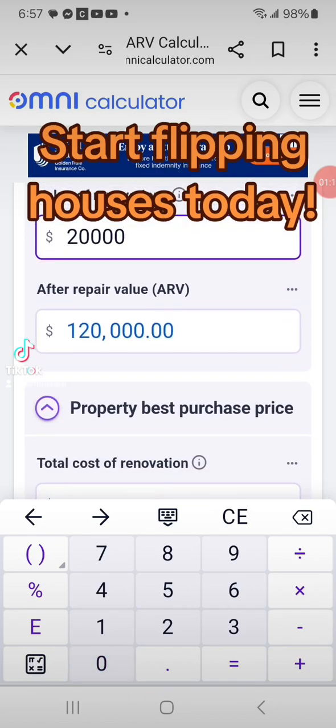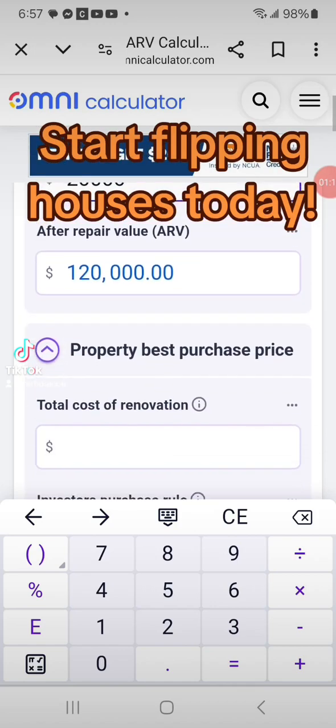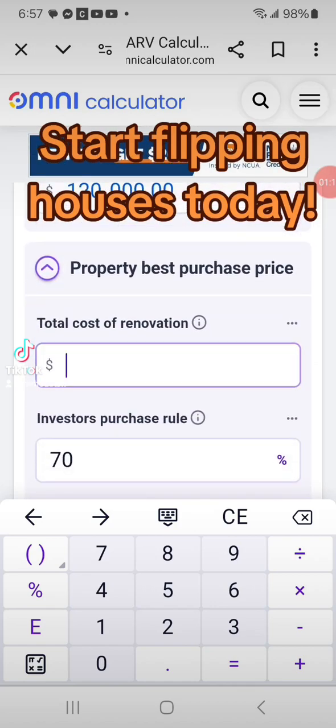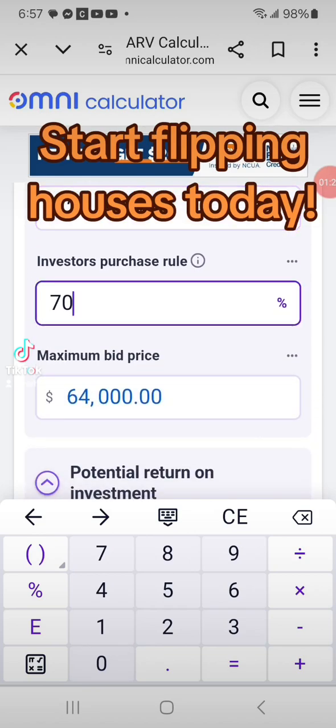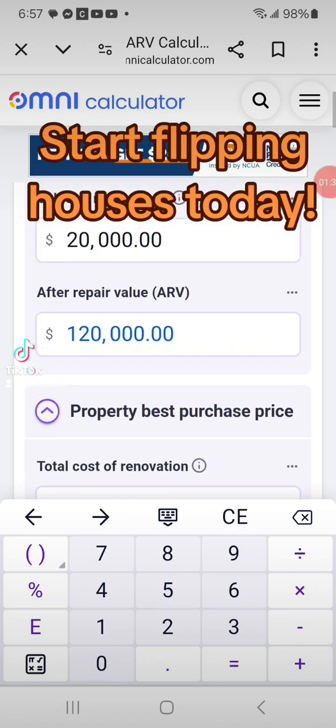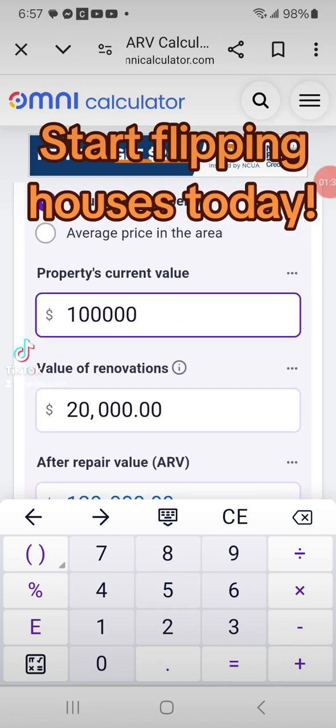This is the value of the house after repairs, right? But we're not done. The total cost of the renovation, we said, is going to be 20,000.